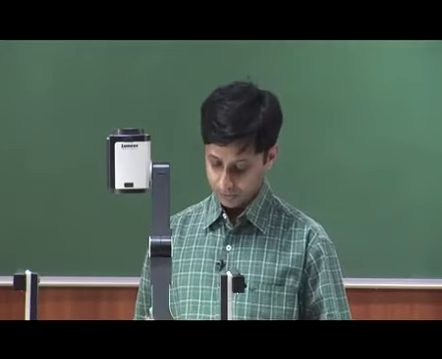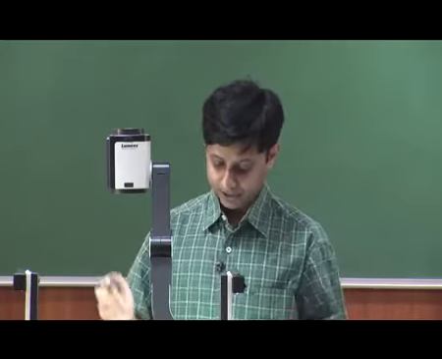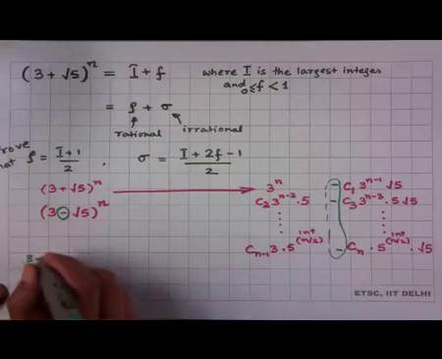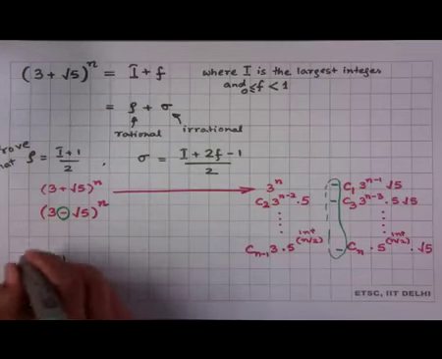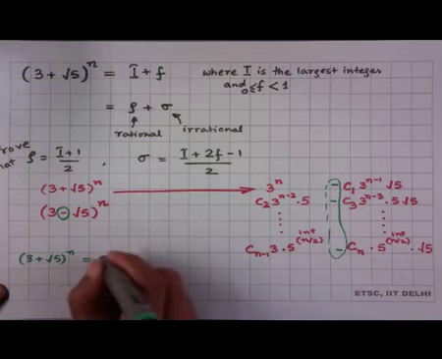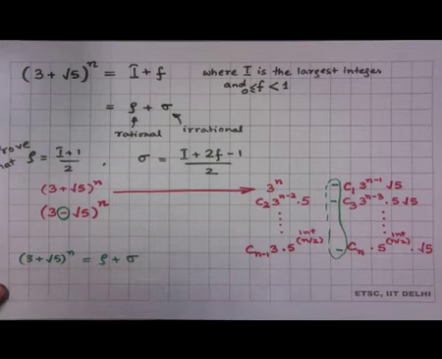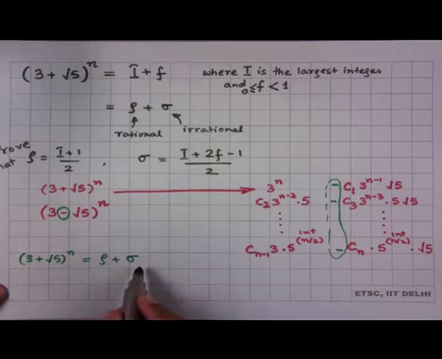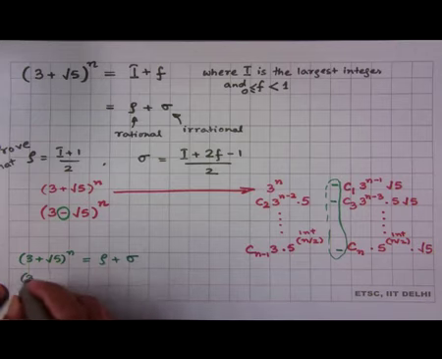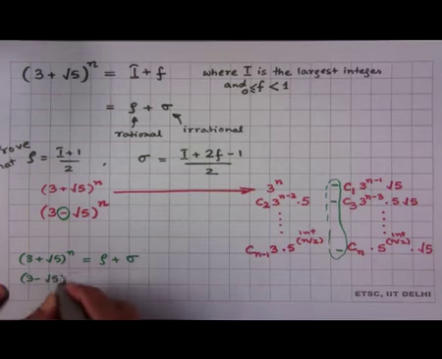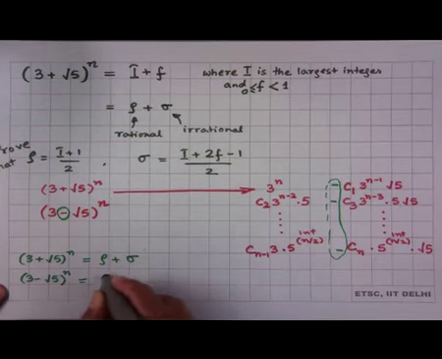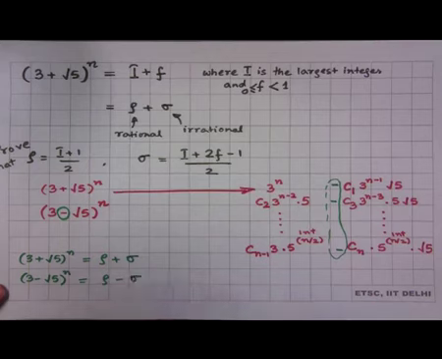right. So, in other words, if 3 plus root 5 whole power n is equal to rho plus sigma, where rho is the rational part and sigma is the irrational part, then 3 minus root 5 whole power n is nothing but rho minus sigma.